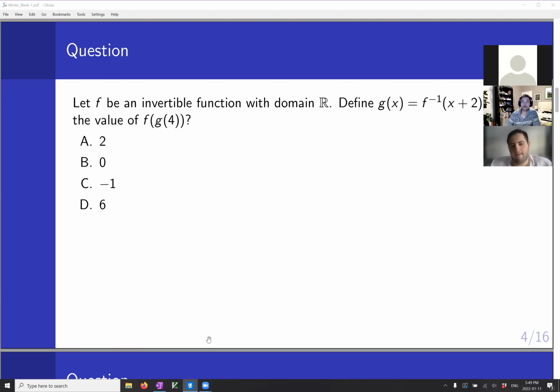I'm not too upset with that. So we're split a little bit, right? We're kind of bimodal here. Some people think it's A, some people think it's D, and there's a slight majority in D. D is the correct answer.